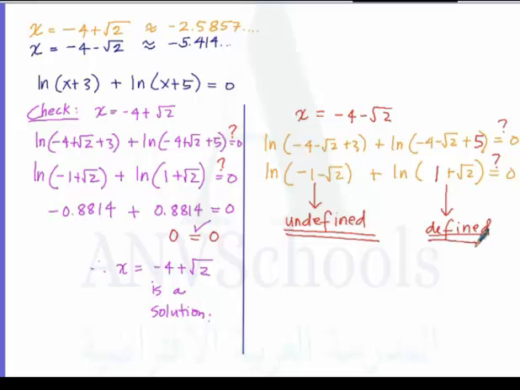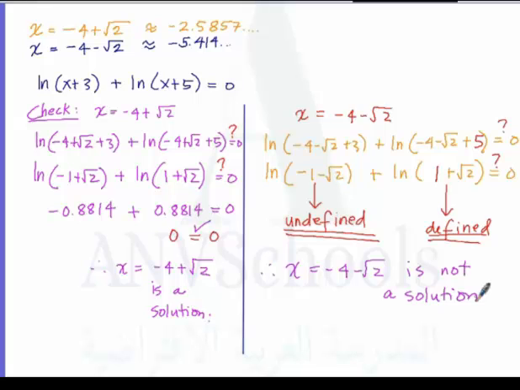So we couldn't use this solution, and therefore x is equal to negative 4 minus square root of 2 is not a solution. If you see a value which yields an undefined result when you use the calculator in solving it, then that would not be a real solution.